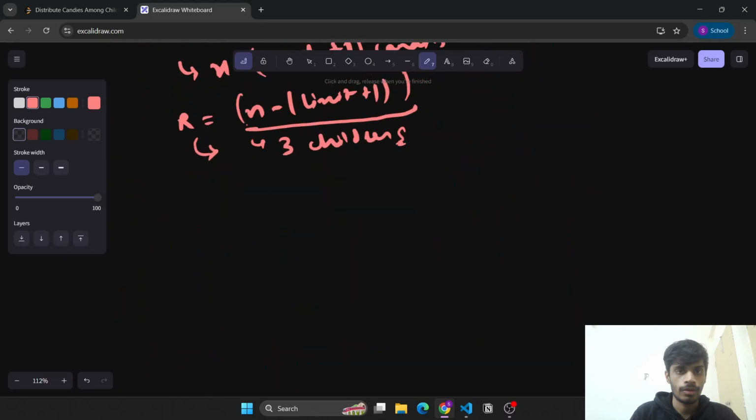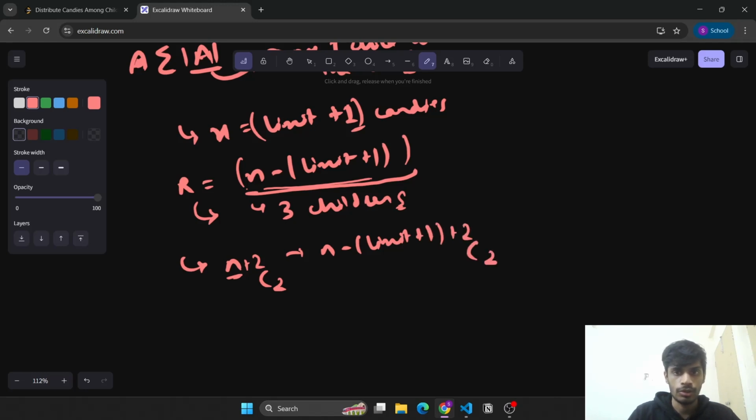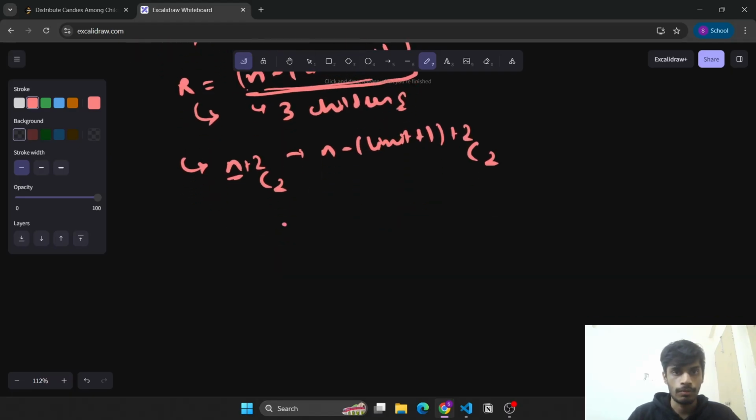So the new formula becomes n minus (limit plus 1) plus 2 c2, which is simply n minus limit plus 1 c2, right? So this is summation mod A.